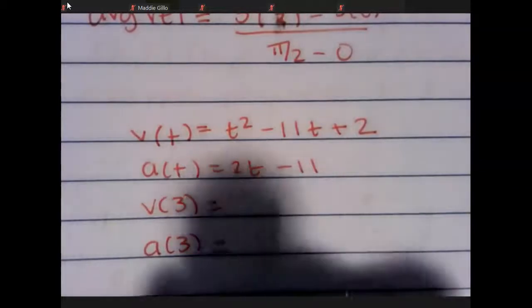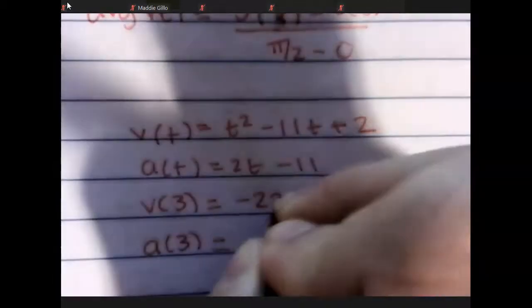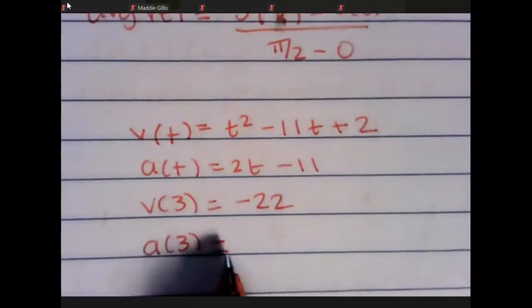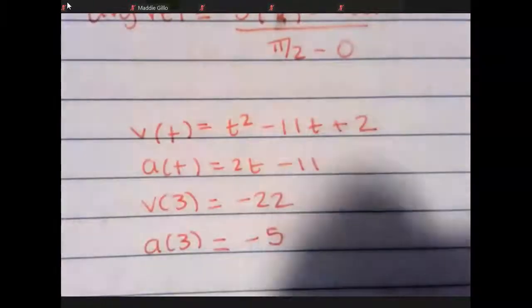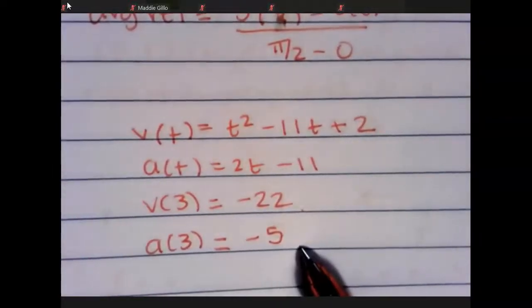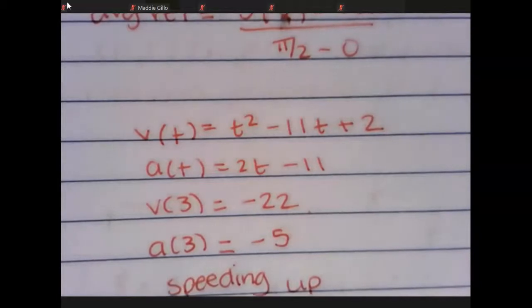So V of 3 would be 9 minus 33 plus 2, which is negative 22. A of 3 would be 2 times 3 minus 6, so negative 5. So if velocity is negative and acceleration is negative, then the particle is speeding up because they are both negative.